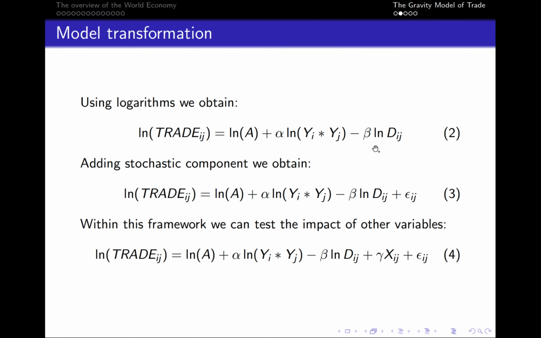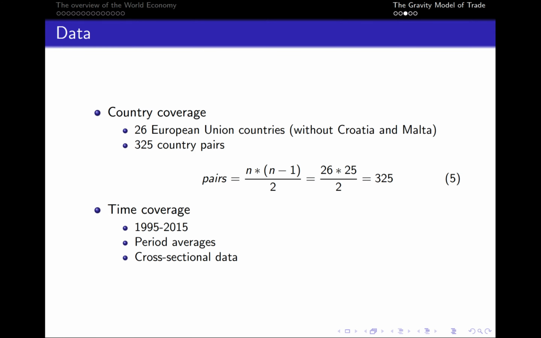This tells us that if the distance between two countries increases by 1%, on average, trade between the countries decreases by beta percent. Of course, depending on the form of the variable, we will have slightly different interpretations for each component of the parameter vector gamma, but we will get to it a little bit later.